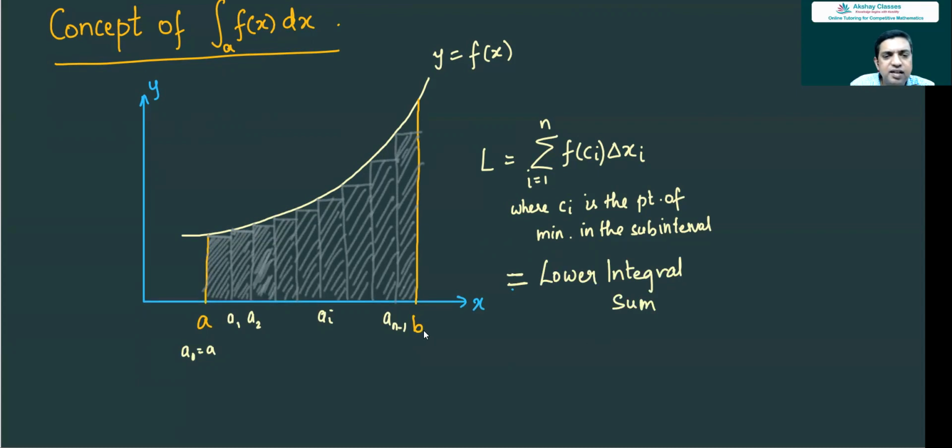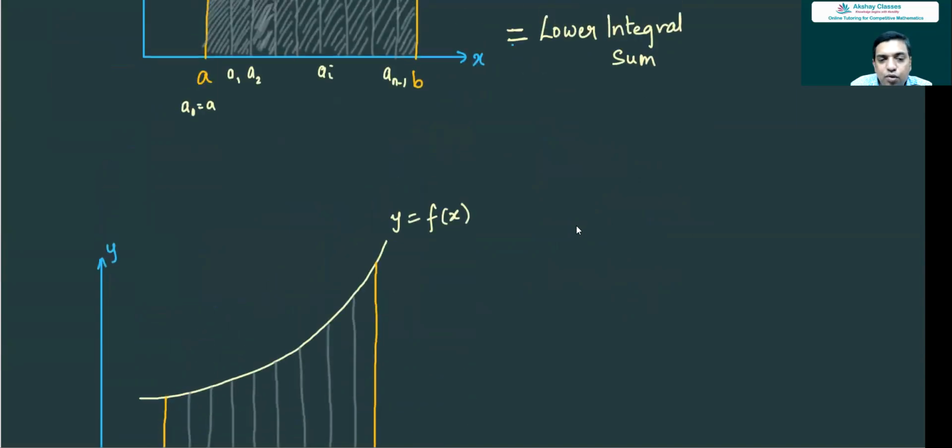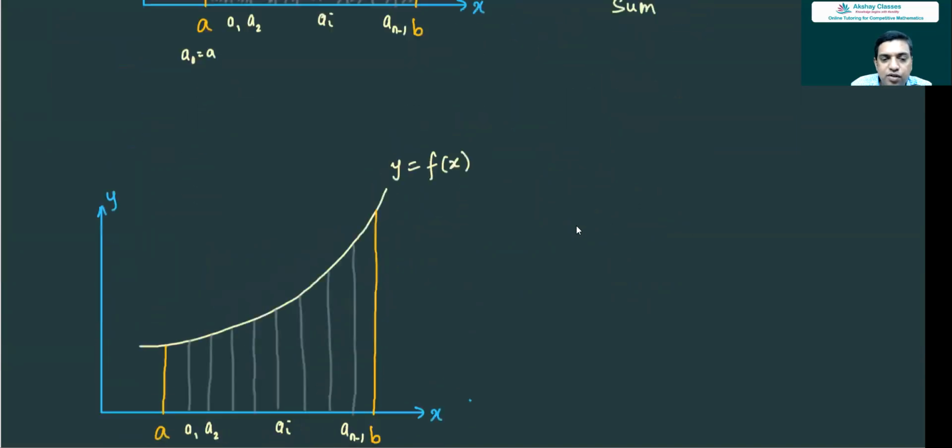Now, obviously, as n approaches infinity, the difference between the actual area and the approximated or shaded area will minimize. So then we get the area under this curve. Now look at the other way around.